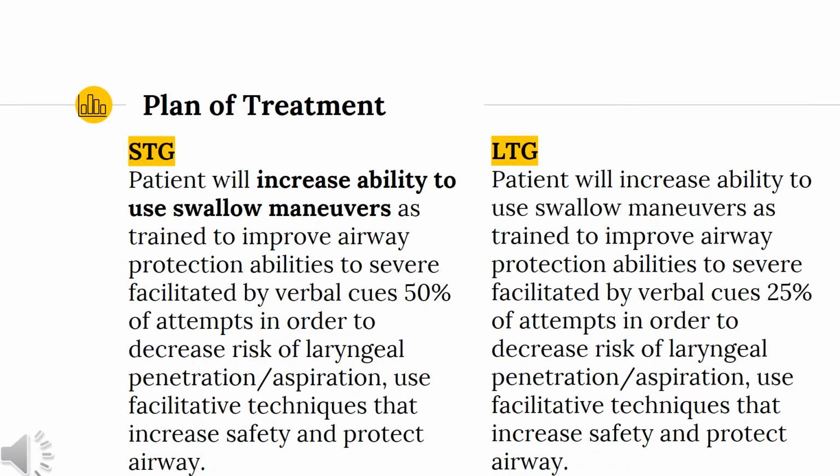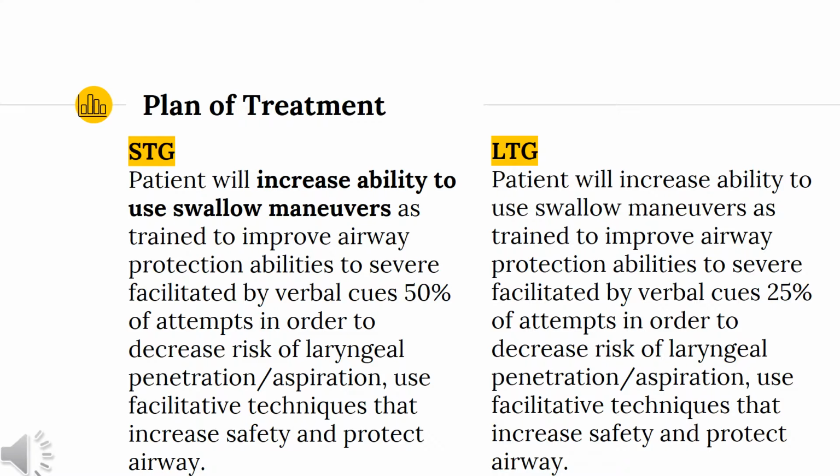Mr. Doe's plan of treatment consisted of just a couple short-term and long-term goals. The one that I'm focusing on here is similar in reference to the short-term and the long-term. So for the short-term goal, it's to increase the ability to use swallowing maneuvers in order to improve airway protection, in order to eventually decrease risk of laryngeal penetration and aspiration, through the use of these facilitative techniques that increase safety and protect airway, like I said.